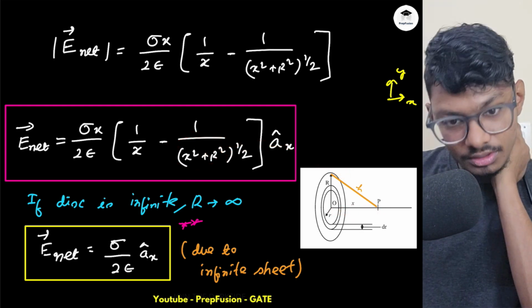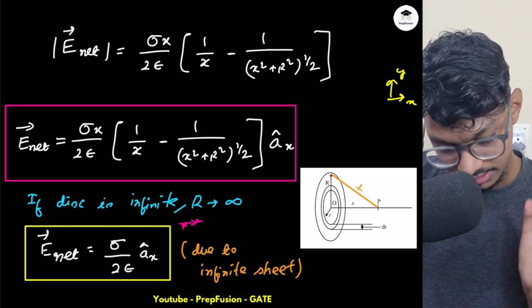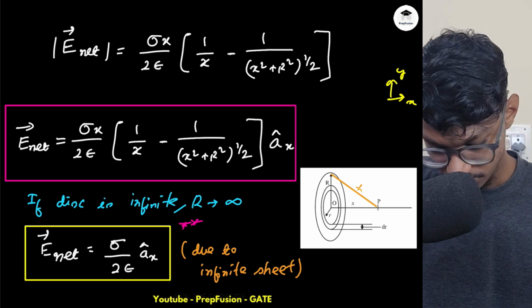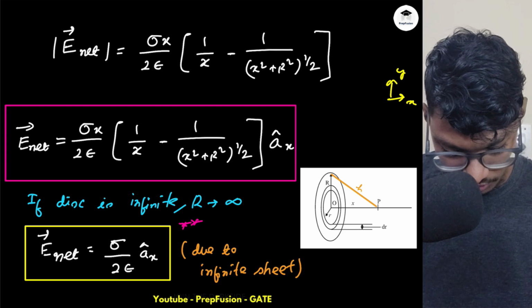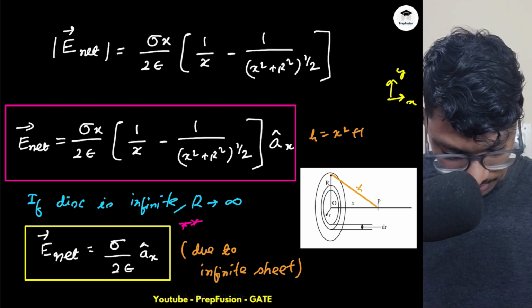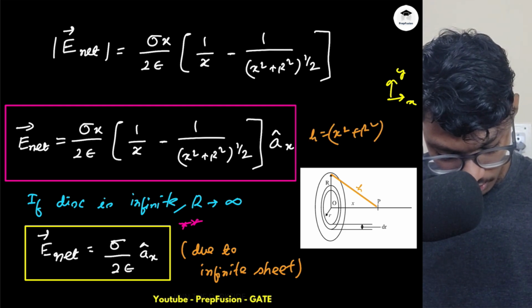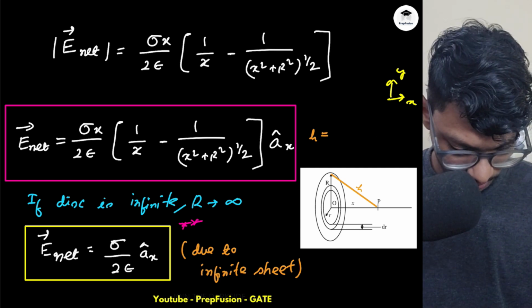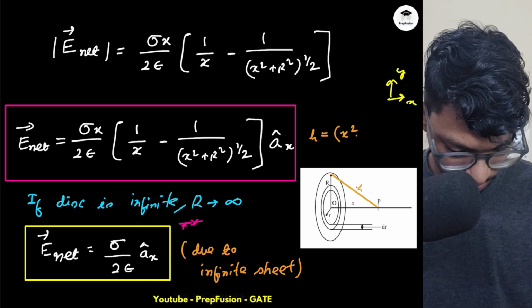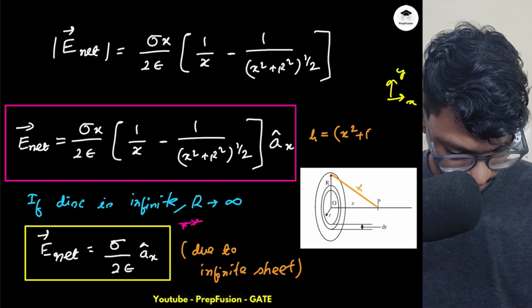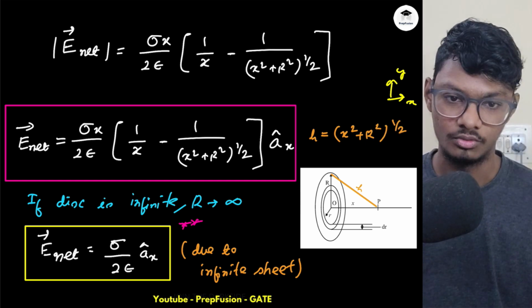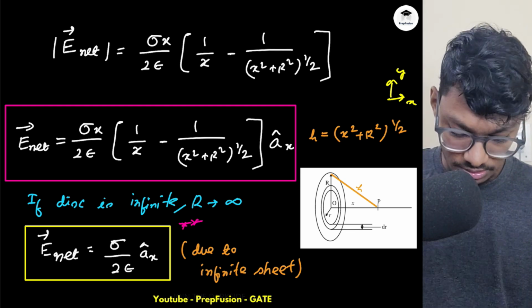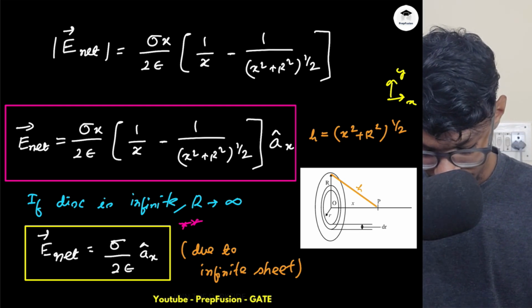I hope you understand this concept. You can put this in your short notes: H equals x square plus r square whole under root. Write this properly. So this will be basically my electric field at particular point P.